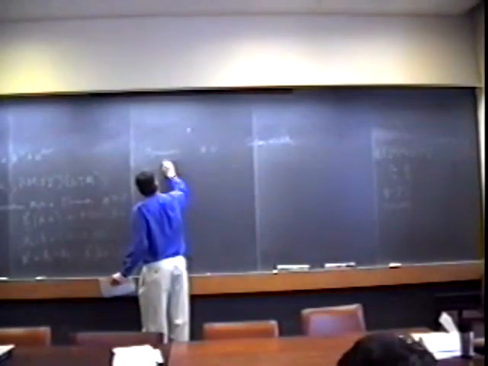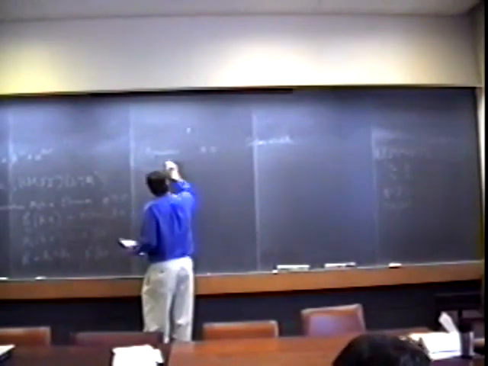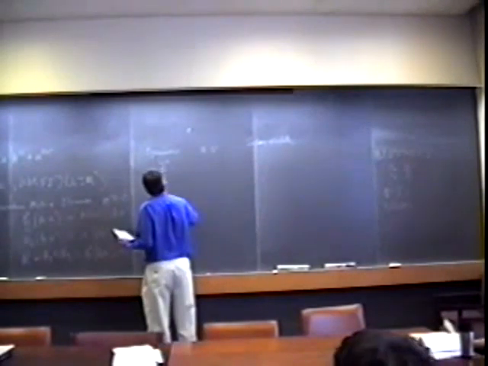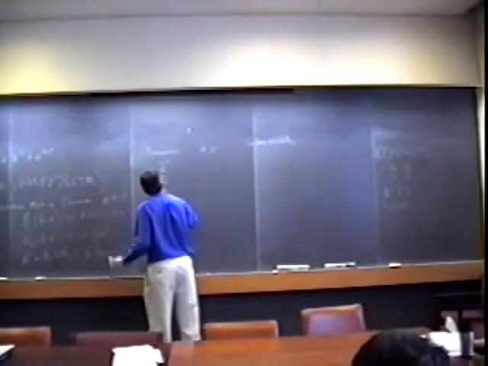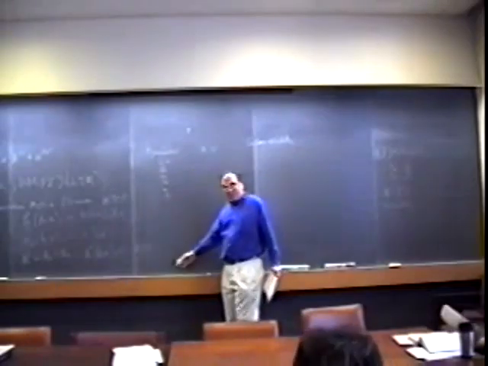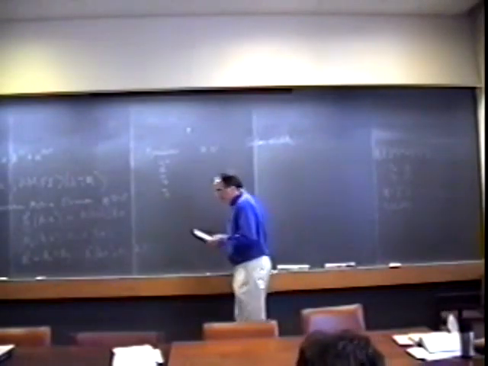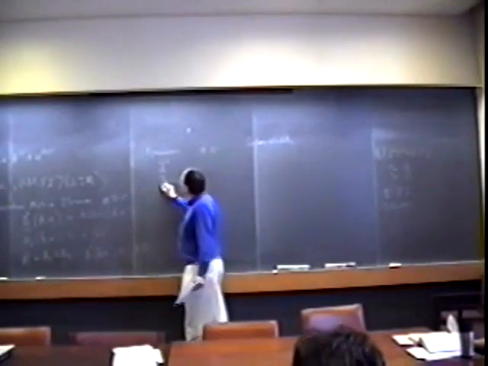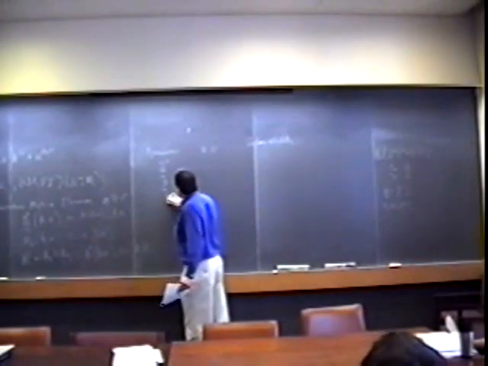So J squared, JZ, J plus minus. I'm not going to be able to do this all on one board, but you'll get the idea. So operators are generally represented in boldface.